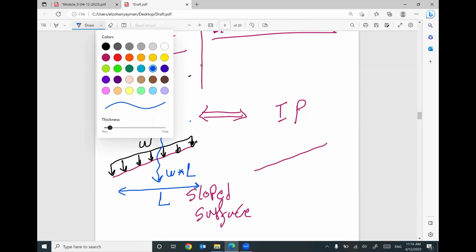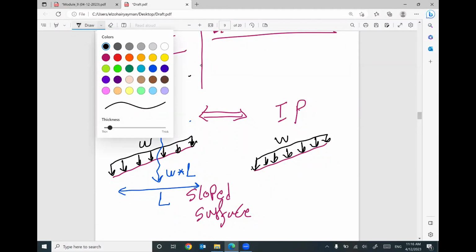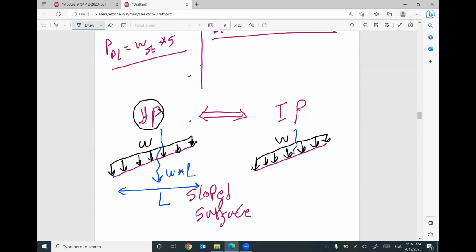But if you have uniform distributed load, and this uniform distributed load is called inclined projection, and the value is W, the equivalent load for this distributed load will be W L bar. So L dash or L bar is the inclined length of the sloped surface. This is the main difference between horizontal projection and inclined projection.